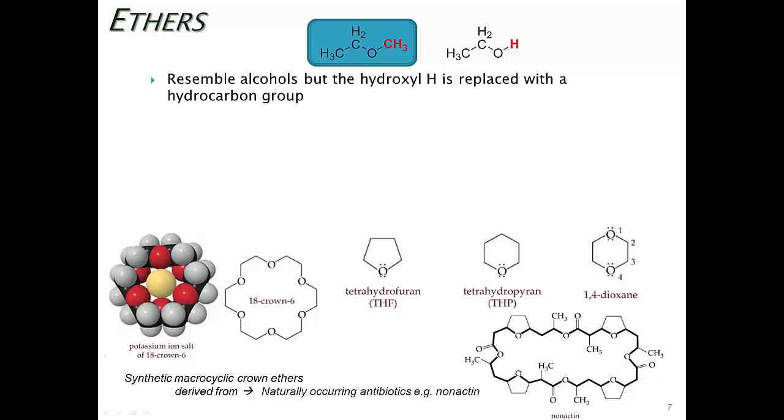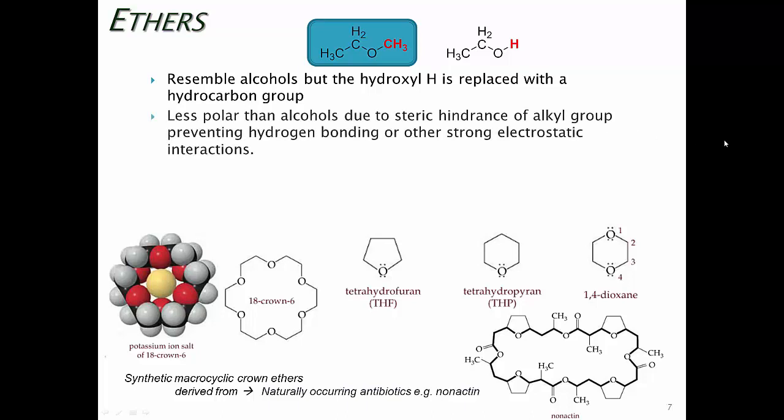The last functional group that we're going to be looking at today is the ethers. It's similar to an alcohol, but instead of having this hydrogen, we have a carbon-containing group. In this example it was CH3. So what does this mean in terms of the chemistry? They're similar to alcohols, but they're less polar.